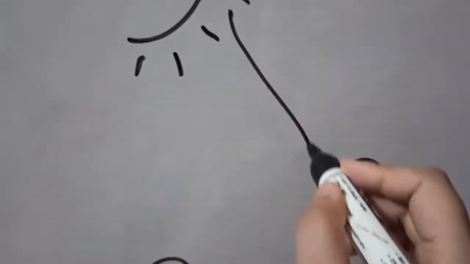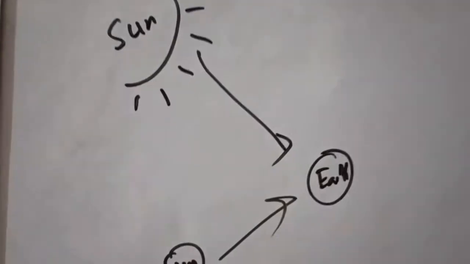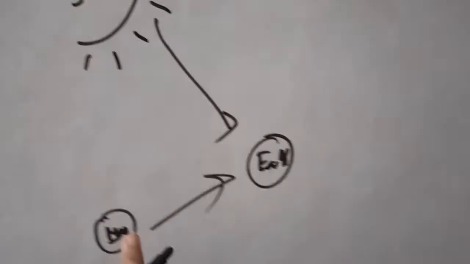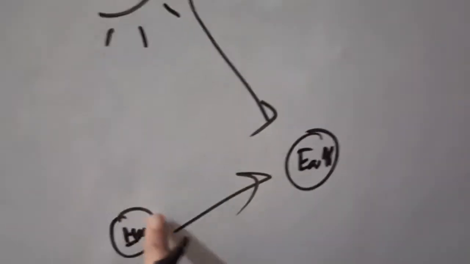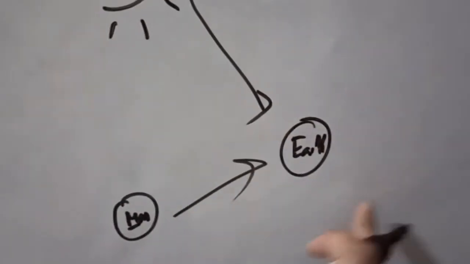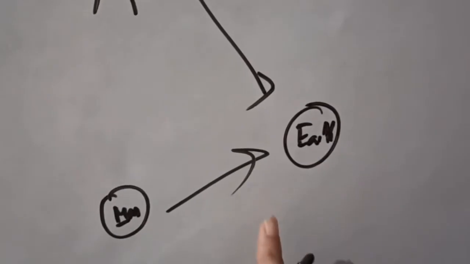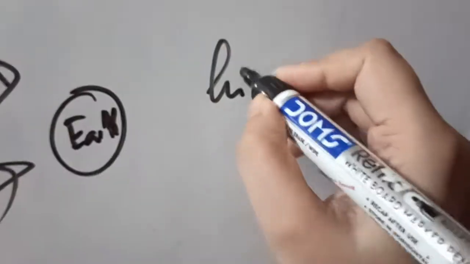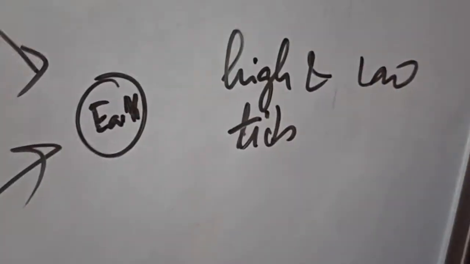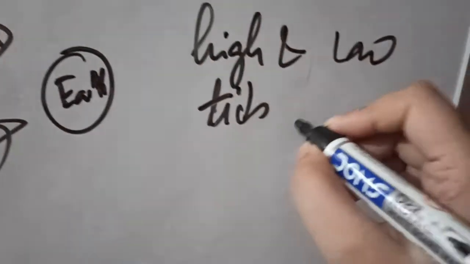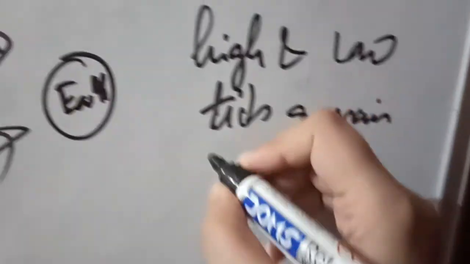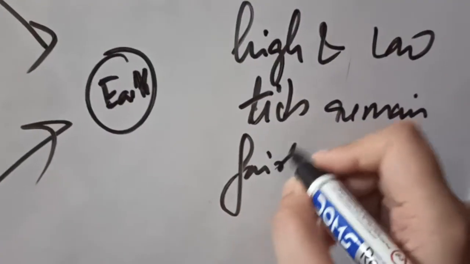The gravitational pull of the sun opposes the gravitational pull of the moon. Hence weak high tides are produced, and the difference between the high and the low tides remains fairly small.